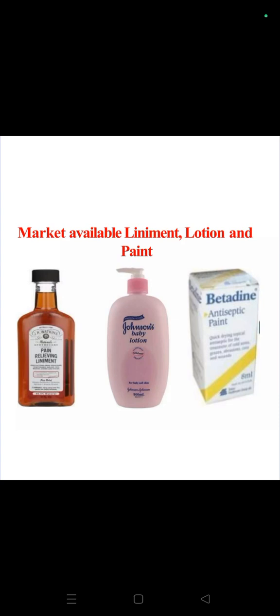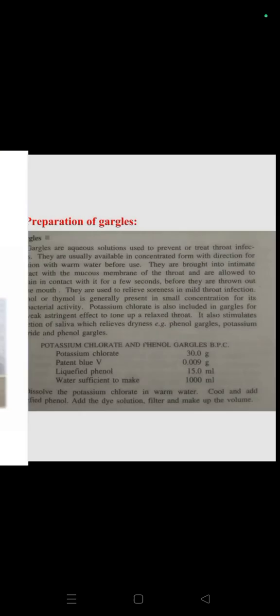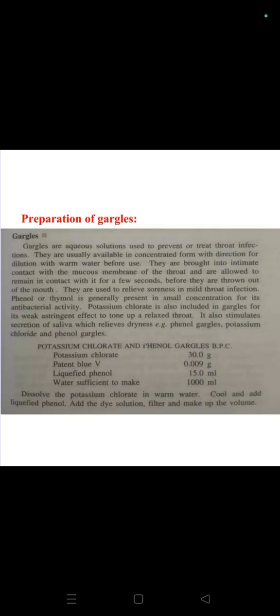The examples are there. Then definitions and preparations of monophasic liquid dosage forms. Preparation of gargles. Gargles are aqueous solutions used to prevent or treat throat infections. They are usually available in concentrated form with directions for dilution with warm water before use.